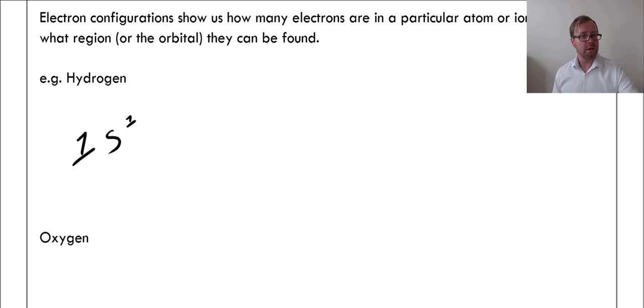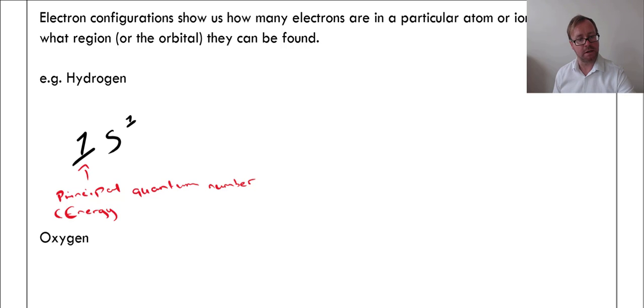Well, this big number is our principal quantum number, which is the fancy name, but we can call it the energy level.